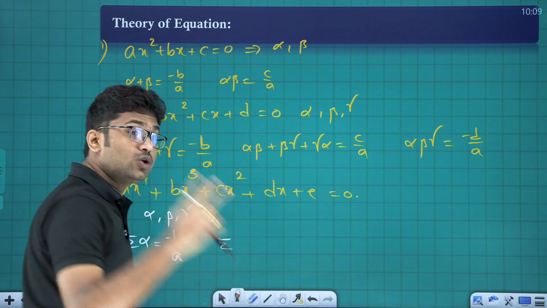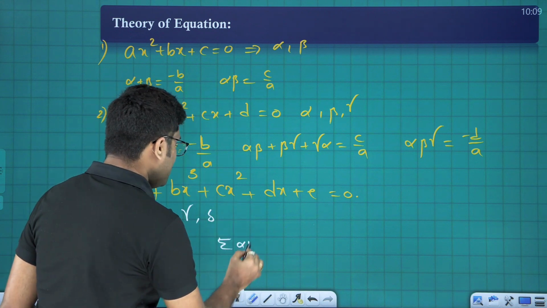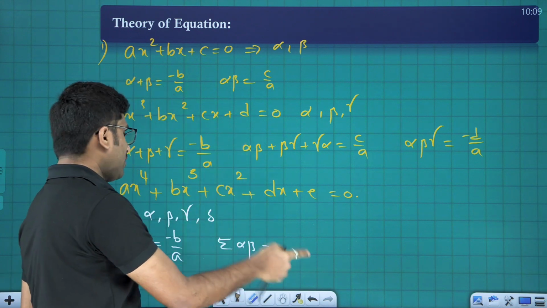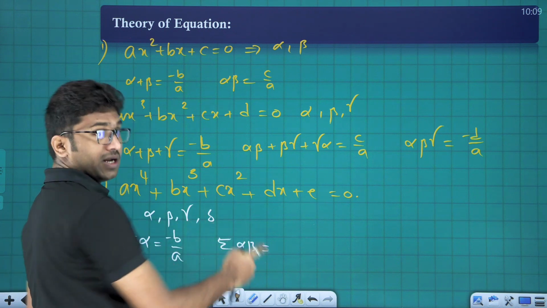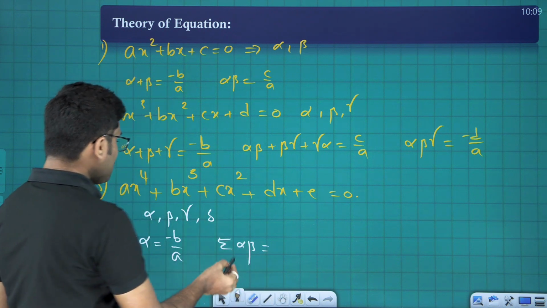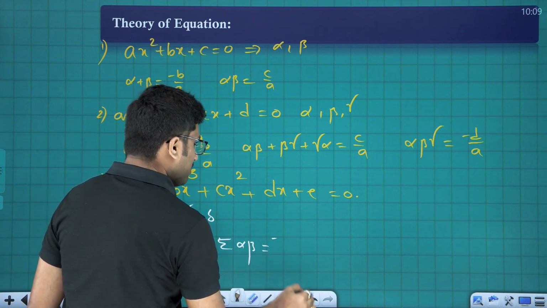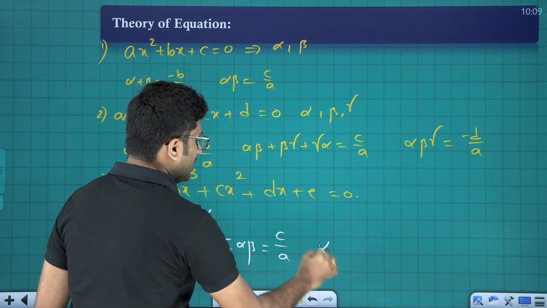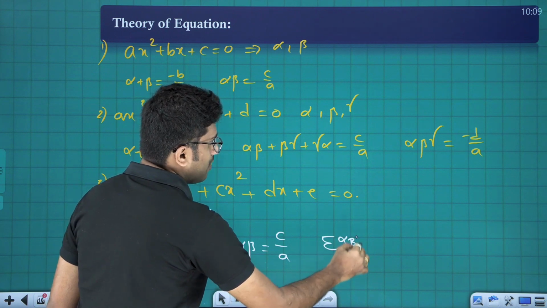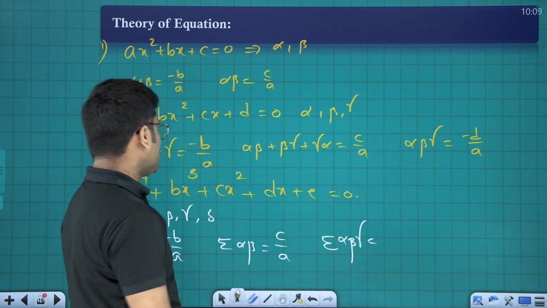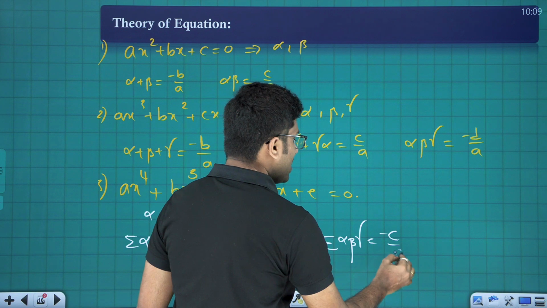Sum of the roots taken two at a time, sigma alpha beta: alpha beta, alpha gamma, alpha delta, beta gamma, beta delta, gamma delta, all this. Sigma alpha beta will be equal to c by a. And the sum of the roots taken three at a time, sigma alpha beta gamma, is equal to minus c by a.